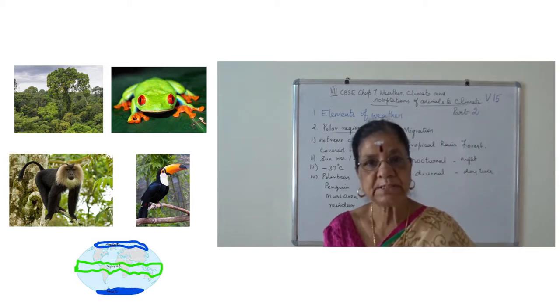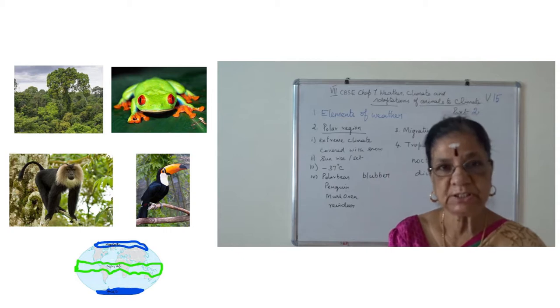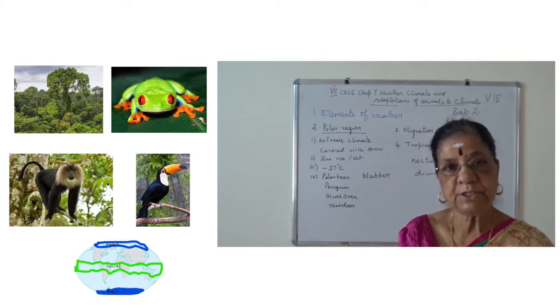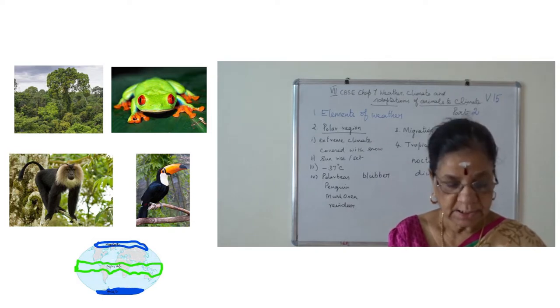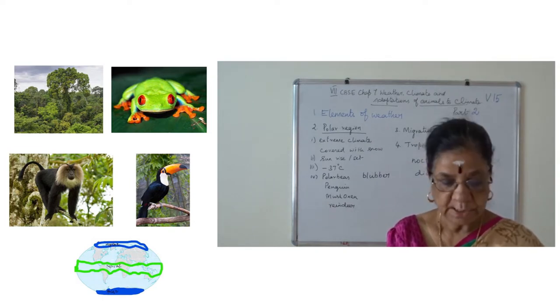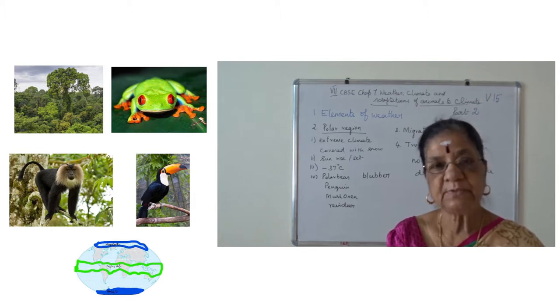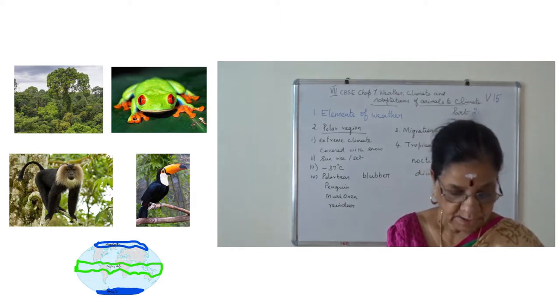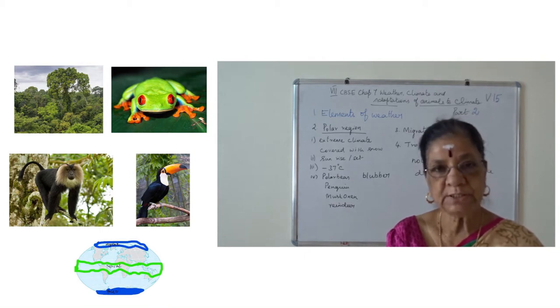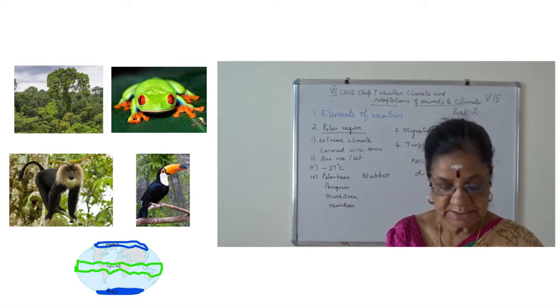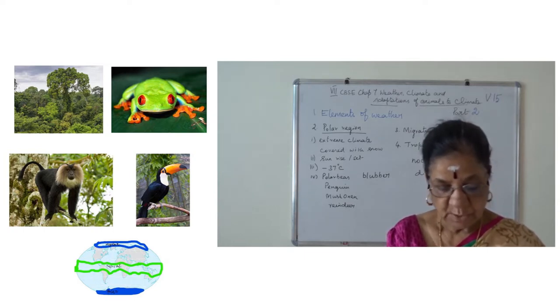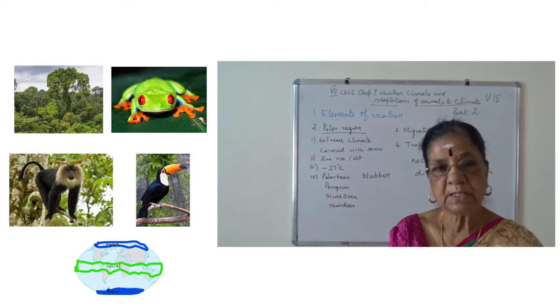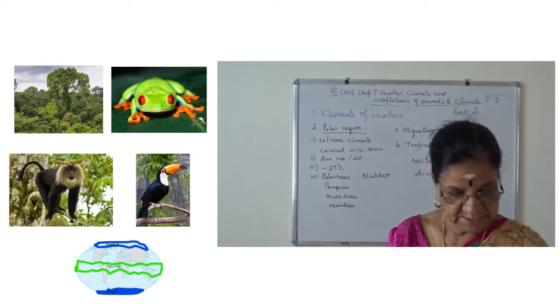Their ears are supplied with a rich network of blood vessels. When air blows over the ears, the blood vessels cool down, and this helps to reduce the body temperature of the animal.